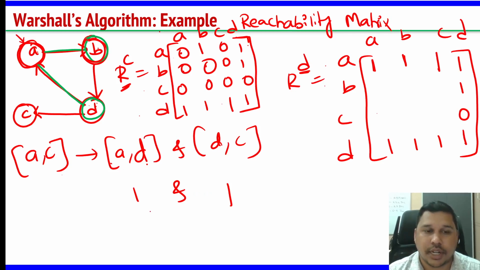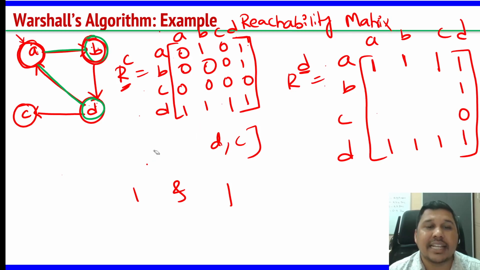Okay, right. How can you reach A to C? From A go to B, go to D and go to C. This path, from A to B, B to D and D to C, I can reach it. That's why it became 1. Okay, this Warshall algorithm helps us in finding out whether we can reach that vertex or not, directly or indirectly.